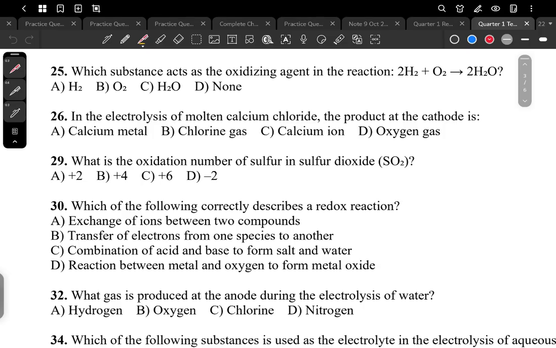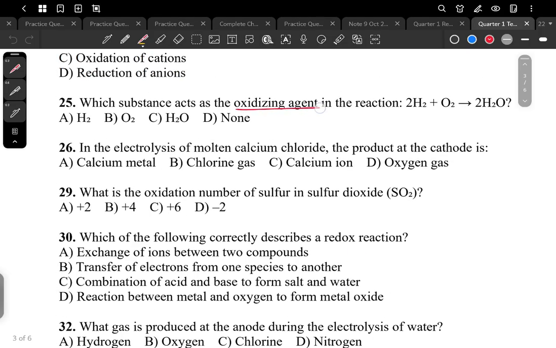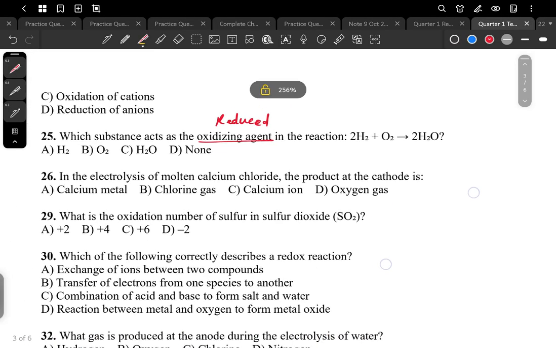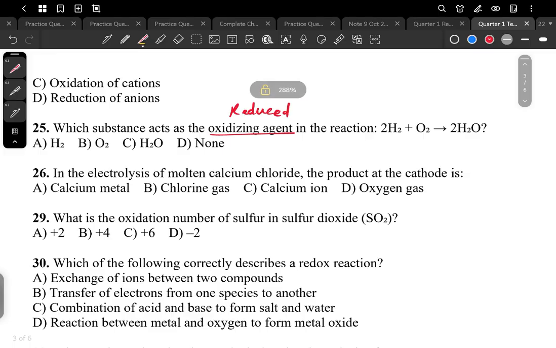Which substance acts as the oxidizing agent? So I'm going to look for the reduced one, right? Let's use the rules to get the oxidation numbers. The uncombined hydrogen has an oxidation number of 0. Uncombined oxygen has an oxidation number of 0. This is before the reaction. But after the reaction, hydrogen in any compound, almost, will have an oxidation number of positive 1 and oxygen negative 2.